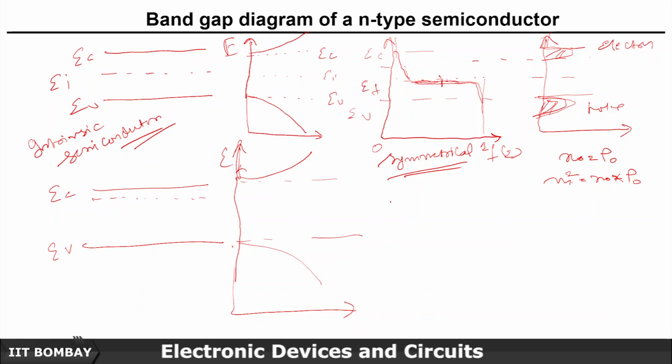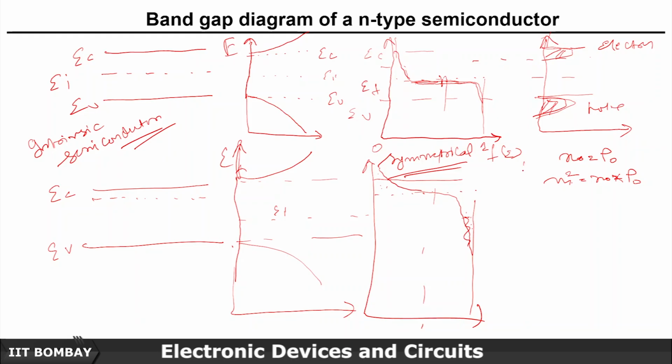The Fermi energy level will shift a little up, so it will be somewhere here, and it will not be symmetrical any longer. This was EI, the initial one. As you can see, it has already shifted. So the probability of free holes is much lower than this one.